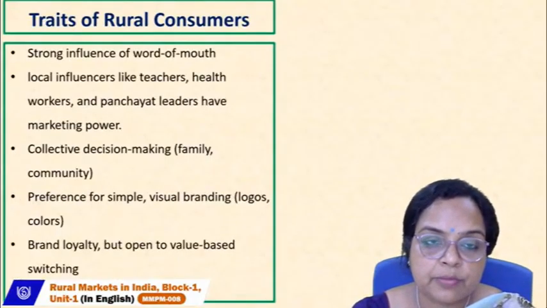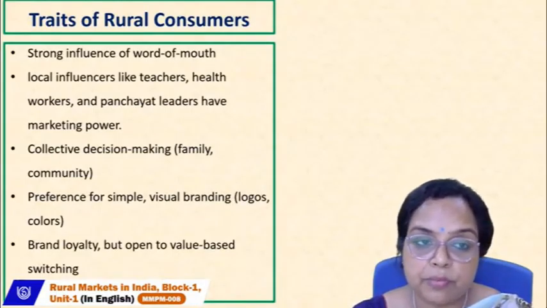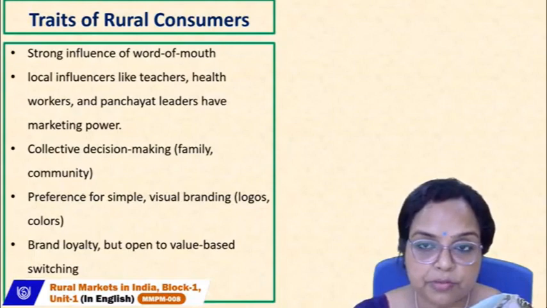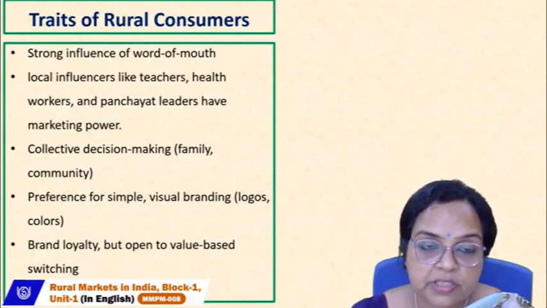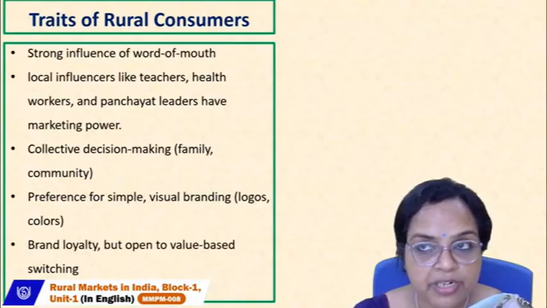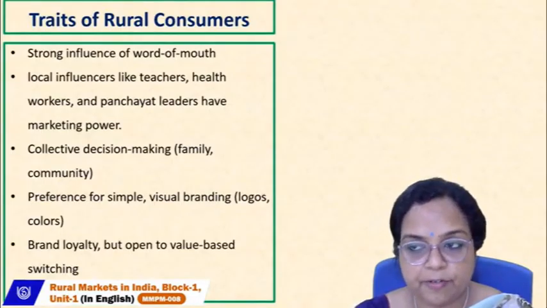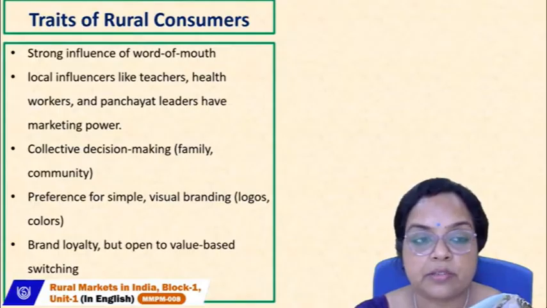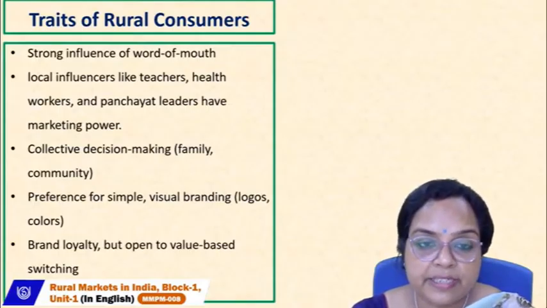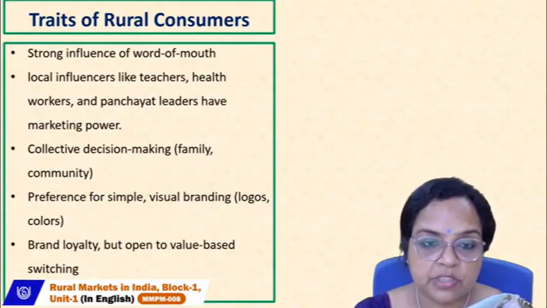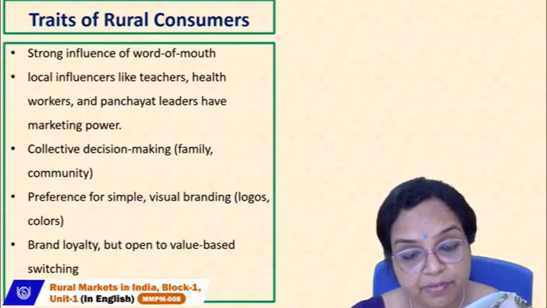What are the characteristics or traits of rural consumers? They believe in word of mouth, a strong influence. If you have purchased a product, you will strongly recommend it to your friend if you are extremely happy with it. Local influencers like teachers, health workers and panchayat leaders have marketing power.